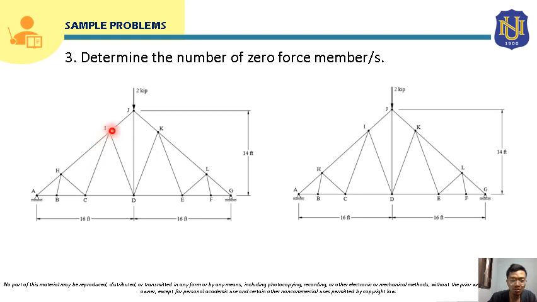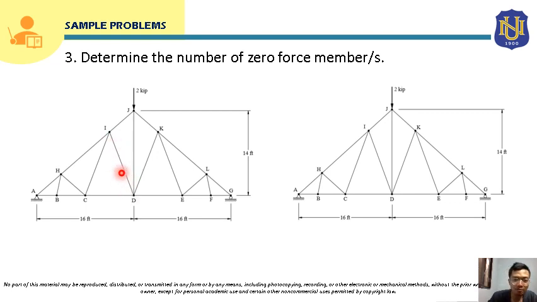So if we proceed to I, again, there will only be 3 members here if we know that CI is a zero force member. And we can also apply case 2 here. 2 members here are collinear. So the member that is not collinear to those 2 members will be a zero force member. So member DI is also a zero force member.